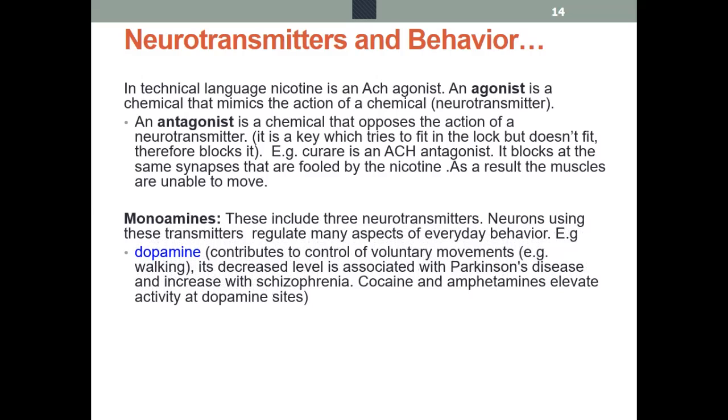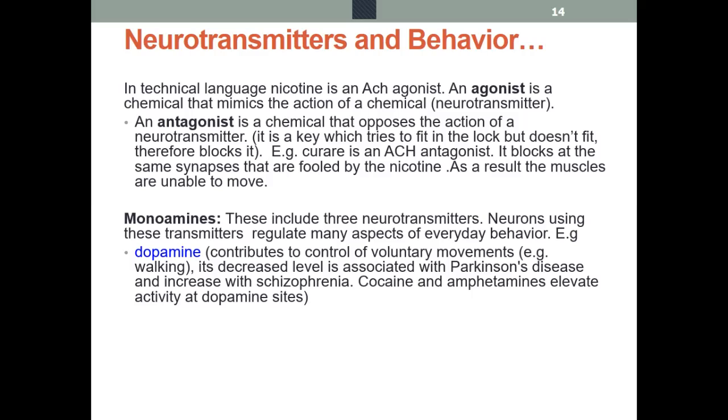That is, when the original neurotransmitter tries to get through that receptor site, it couldn't because of the blockage done by the placebo chemical. These kinds of chemicals are called antagonists. So it opposes the action of a neurotransmitter. Curare is identified as an antagonist of acetylcholine.